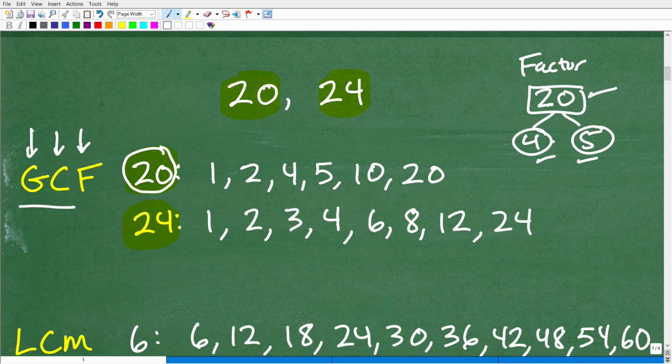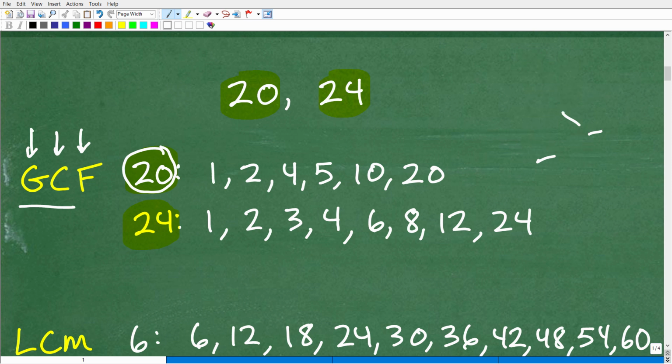Now, of course, we have what we call prime factors. And when we're considering the greatest common factor, we want to list all the factors of this number. So 1 is always a factor of any number, 1 and the number itself. For 20, 1 is going to be the very least factor, and 20 is going to be the very biggest factor. But now we need to start listing all these factors.